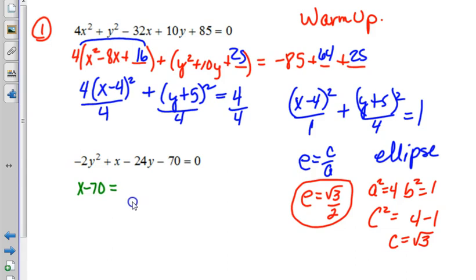I'm just listening to what Hunter tried. Yep, go ahead. You want to take a 2 out or move them to the other side? Okay, so when we move it over there, we'll have this. Now what? Take a 2 out over here.